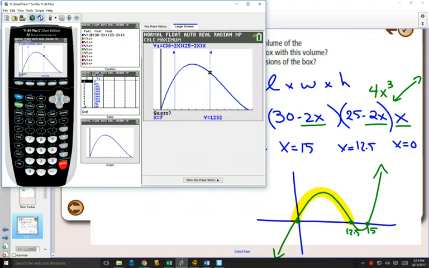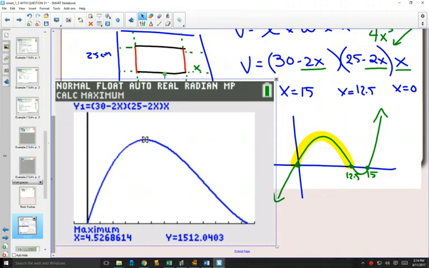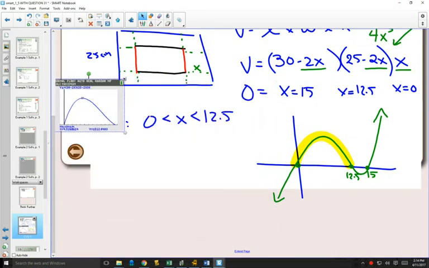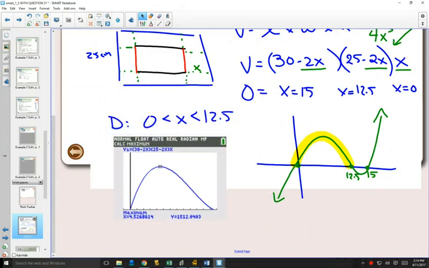Push enter again. There we go. Just drag your calculator screen to your notes. It's always easy to do, right? And we get the maximum happens at x equals 4.5 with a maximum volume of 1,512.